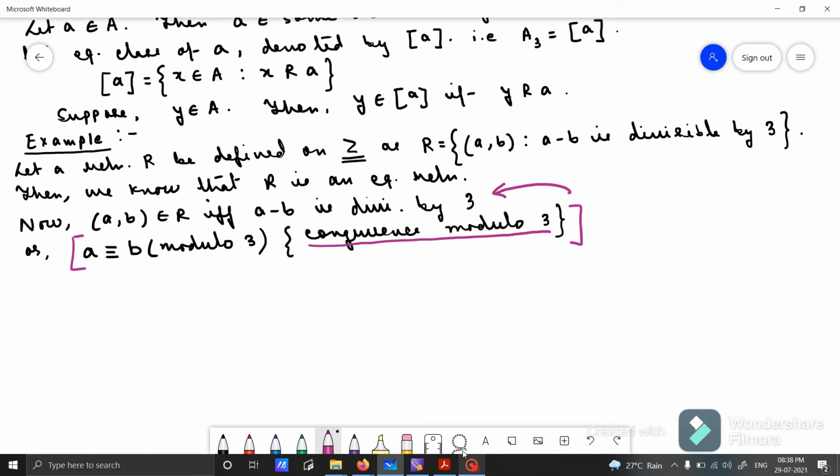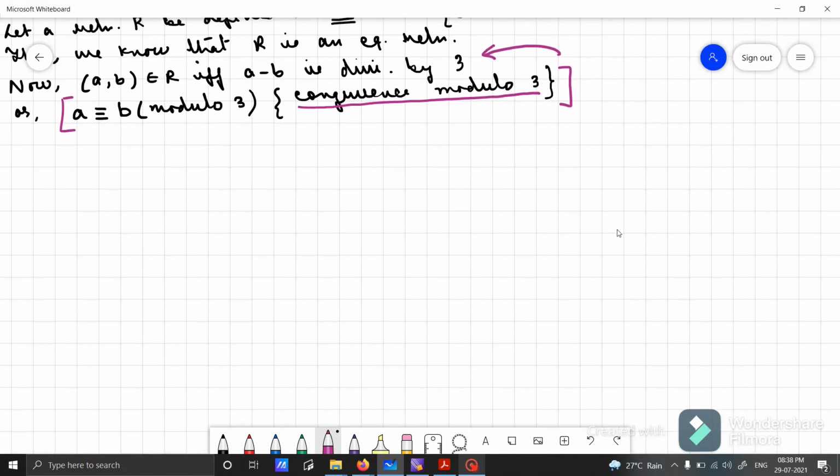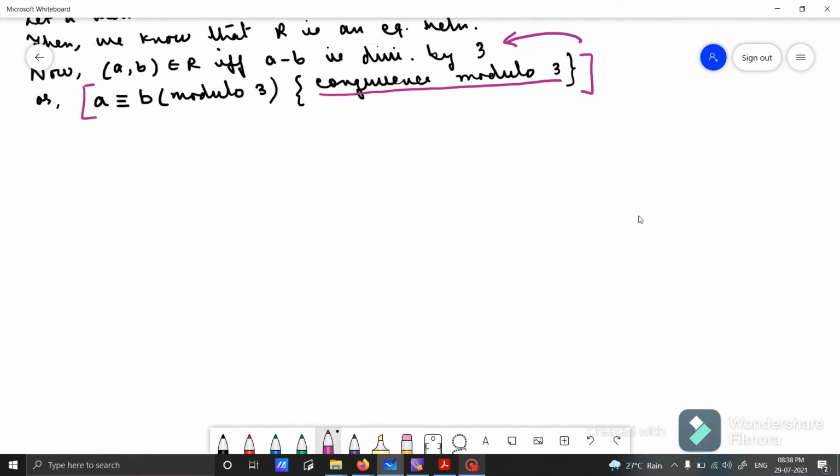Now let us see what happens to Z. What are the different subsets of the partition that will happen? Now the set Z, let me just write it like this.